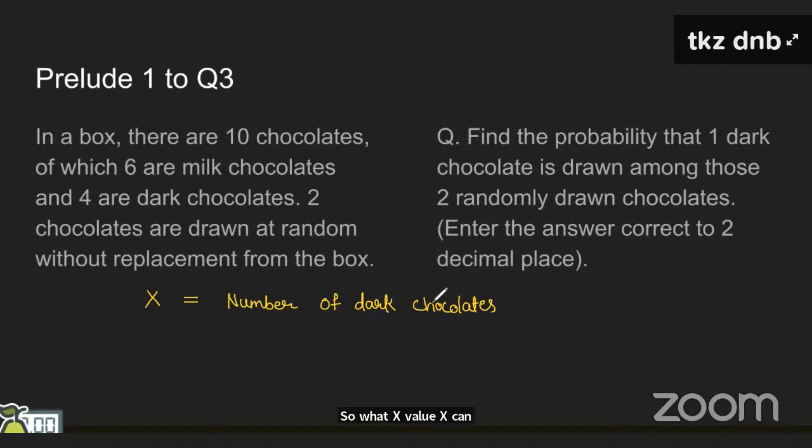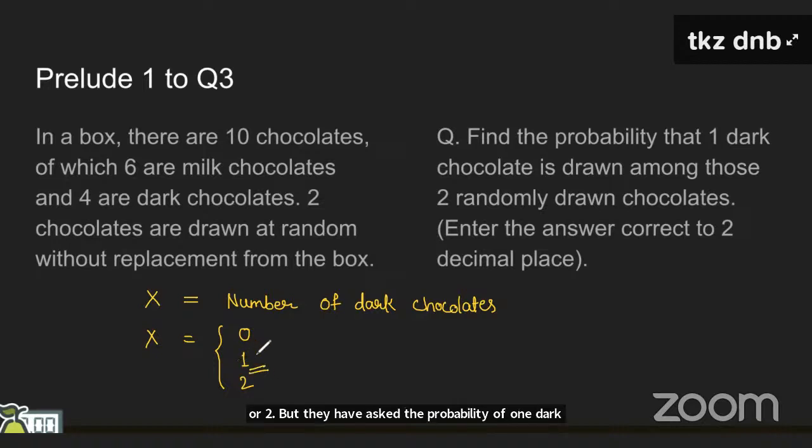What values can X take? Two chocolates are drawn from these 10 chocolates, so X can take either 0, 1 or 2. But they have asked the probability of one dark chocolate only, right?